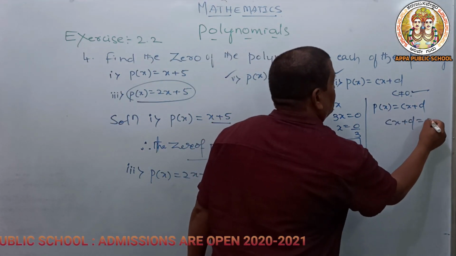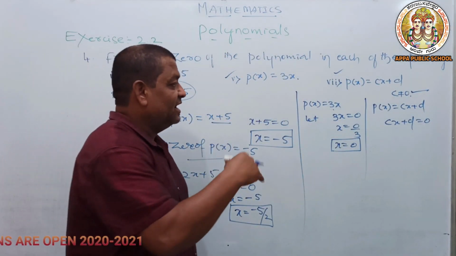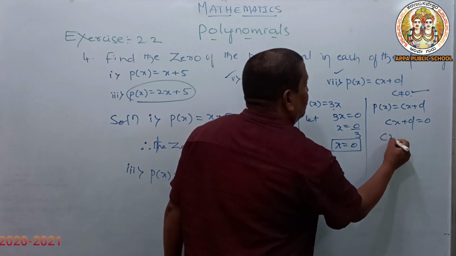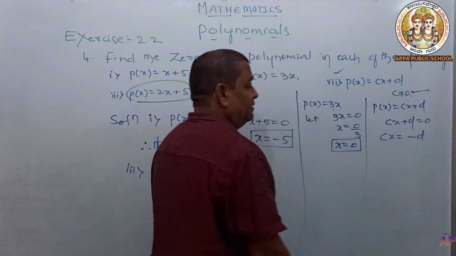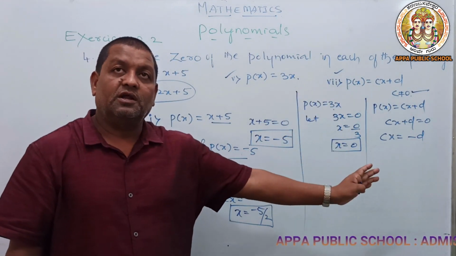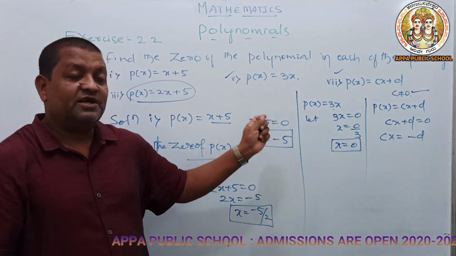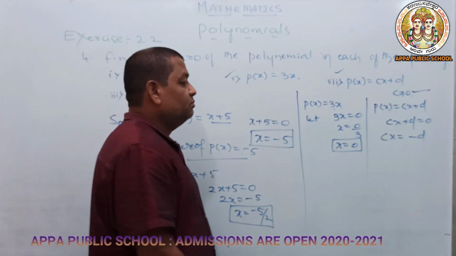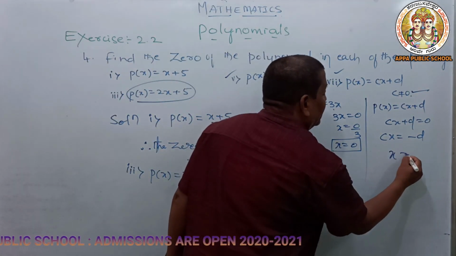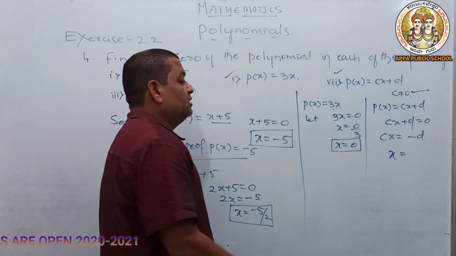Cx plus D is equal to 0. We need only x, so send the remaining terms to the RHS. Cx is equal to minus D. I already told you, when terms are moving from LHS to RHS, they change sign, plus to minus. I want only x. Then what?